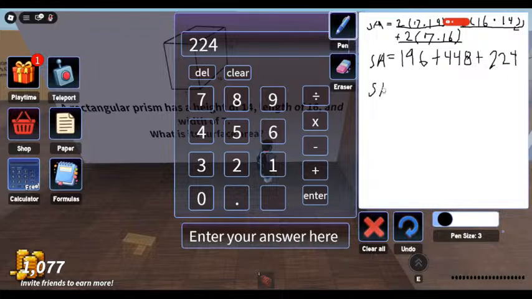Then SA is equal to the sum of this. So 196 plus 448 plus 224, then we get 868.